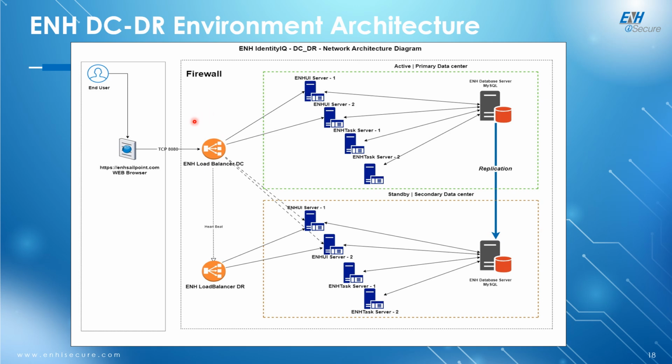We highly recommend this setup for any environment. Why? Because if any intrusion happens, we can make sure the secondary load balancer is always available. In this architecture, the primary load balancer is always routed to the active data center, and when the primary is down, our ENH load balancer DR will monitor and route to the secondary data center.